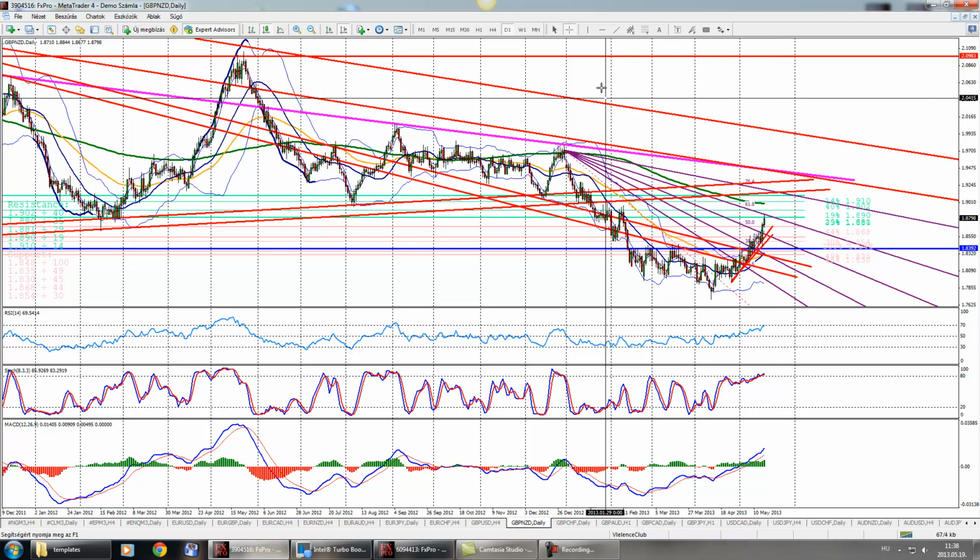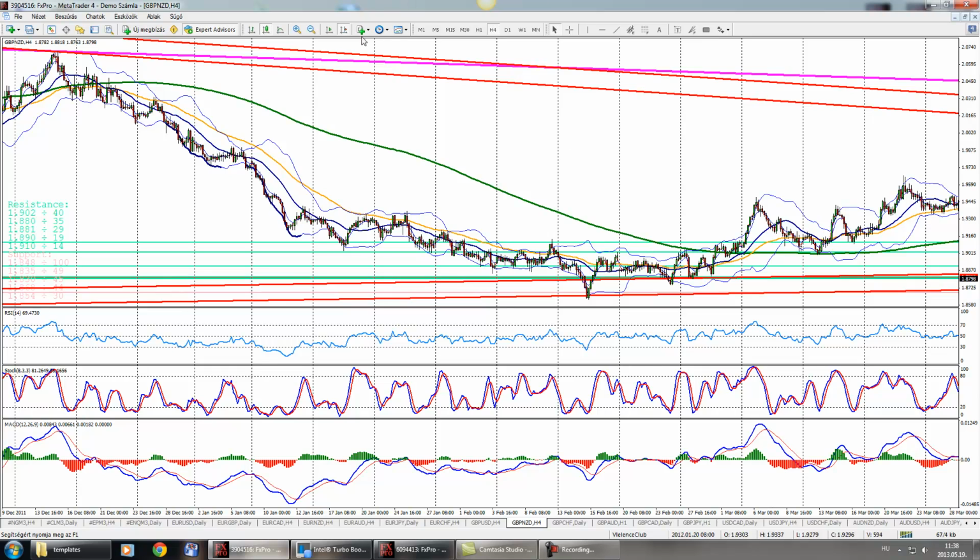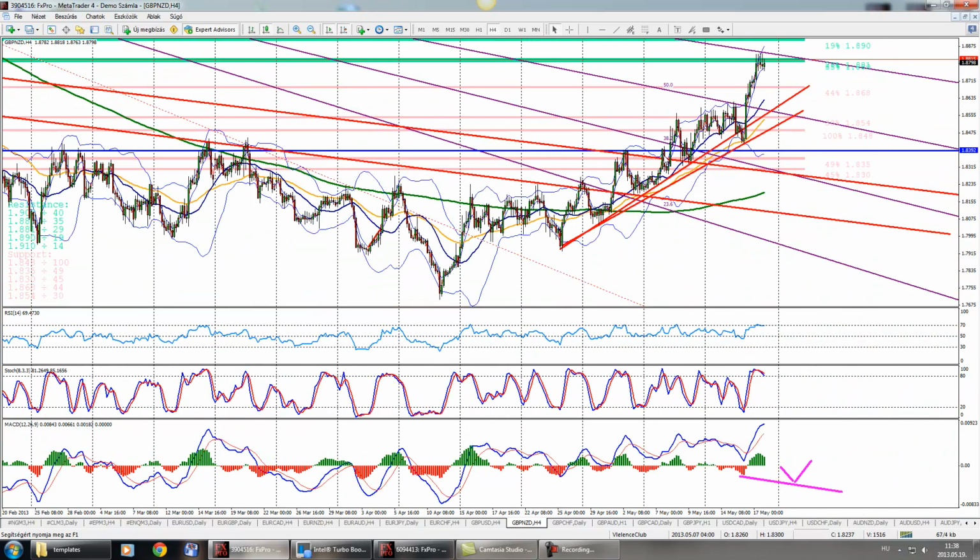But now on the 4-hour chart, we should get a pullback. So the plan for me is, if we get any short pullback and it's stopping on the trend lines, I don't care which trend lines, the closer one or the lower trend line.